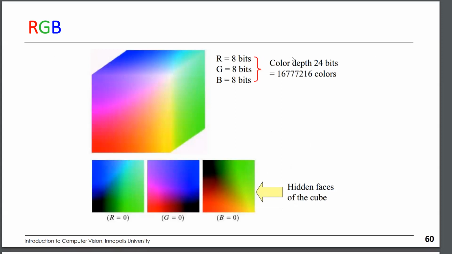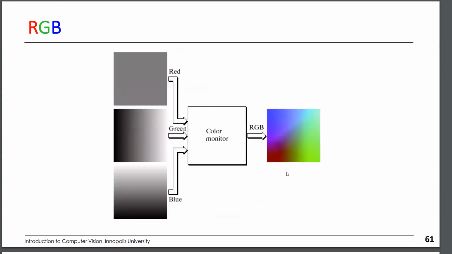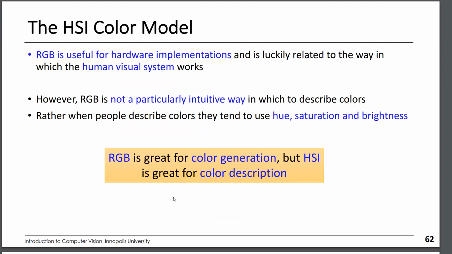So yeah, the color depth is basically 24 bits, meaning we have 8 bits for the red channel, 8 bits for the green channel, and 8 bits for the blue channel. And basically this is how they look like. We combine all of these channels into one colored image.